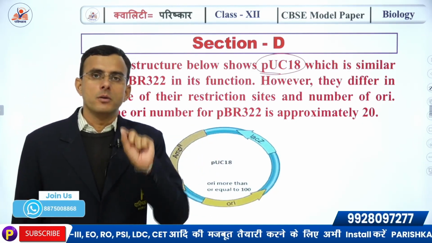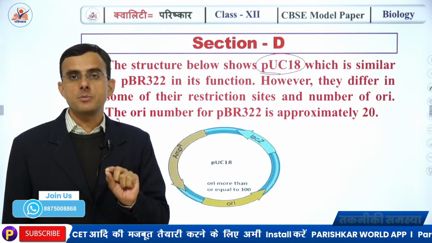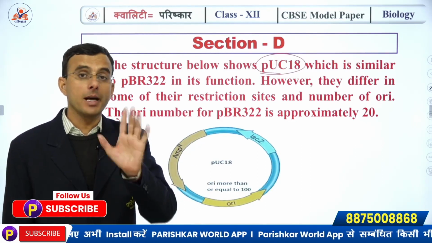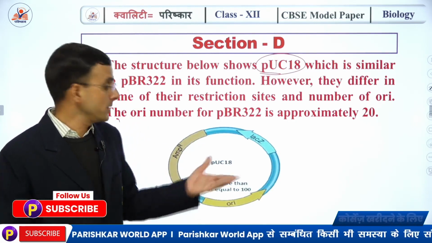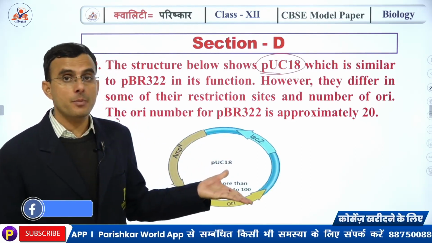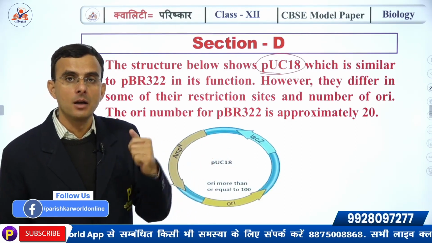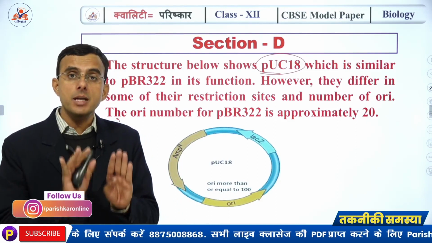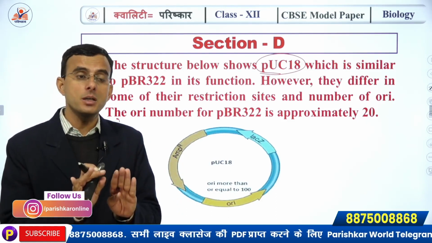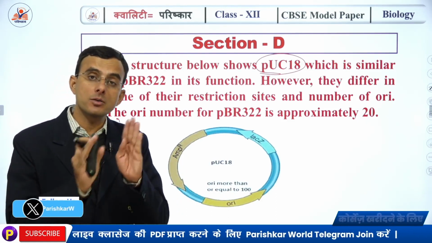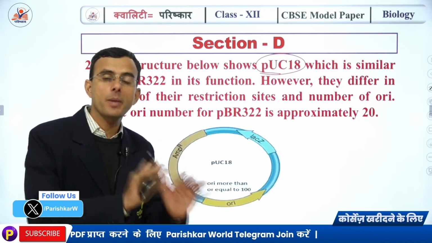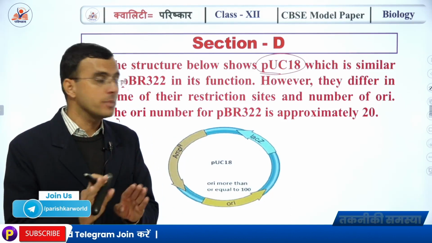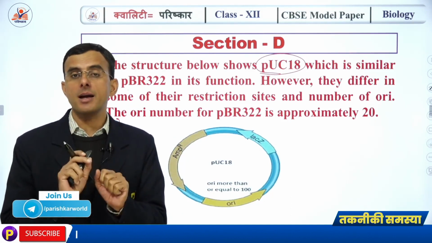There are two types of plasmids. First, natural plasmids, which are present in the bacterial cell. They have particular sequences and genes that are useful for the bacteria. But we are utilizing these plasmids in our biotechnological experiments.